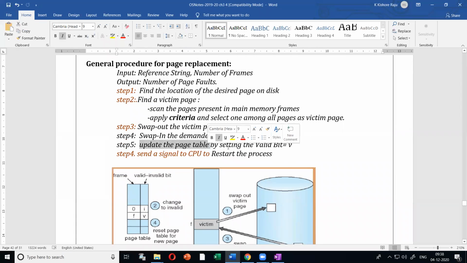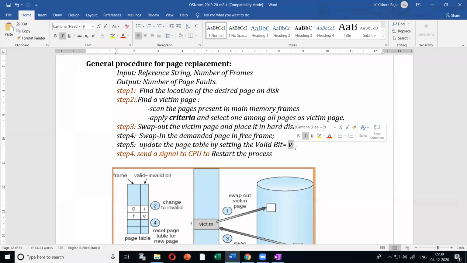Then update the page table by setting the valid bit, either 0 or 1. If I load the page into the main memory frames, definitely the valid bit should be set to 1.